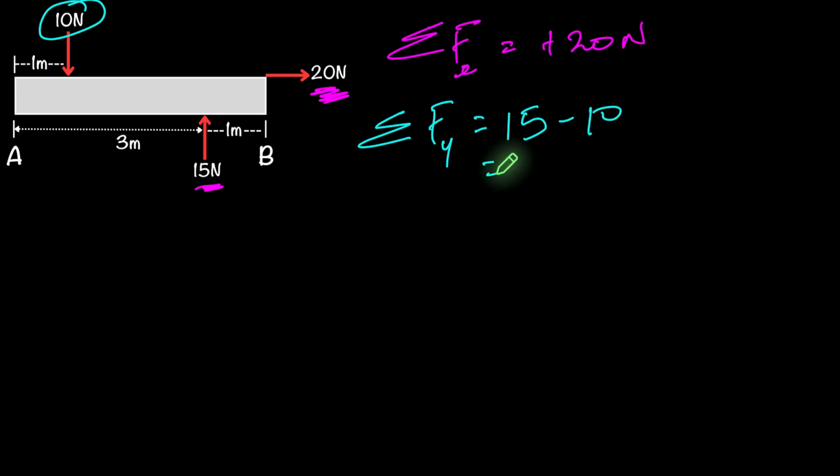So what we're left with then in the vertical direction is just 5 newtons. Now always do this first, just break forces into directions before combining them. So now we're going to combine these to get the overall resultant force.